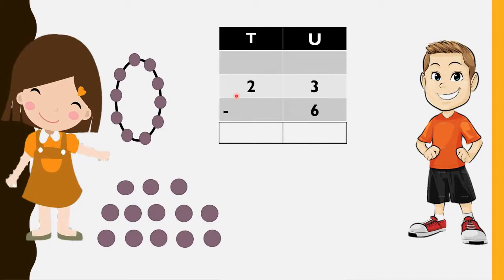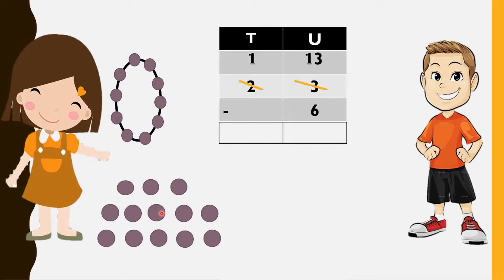We are going to cut this 2 and we will bring 1 here, as we remain with 1 ten and 13 units. First we had only 3 units, but now when we untie 1 ten, we have a total of 13 units.